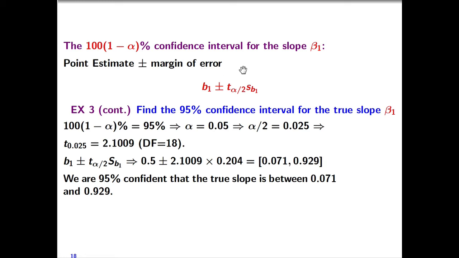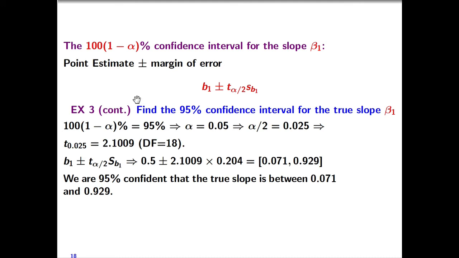In this case, we use B1 to estimate beta 1, and this is our point estimate, B1 plus or minus the critical value t of alpha over 2 times the standard deviation of B1. And this is the equation we will use to find the confidence interval for the true slope beta 1.